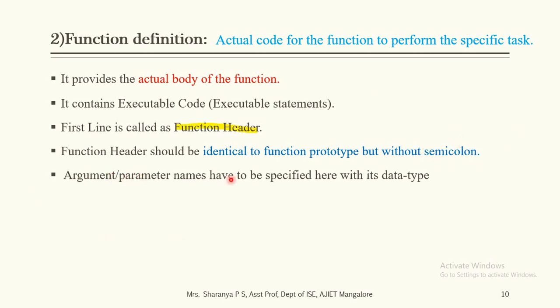Parameter names have to be specified here with the data type. We cannot omit the parameters listed along with the function definition. These can be called the arguments or the parameters.